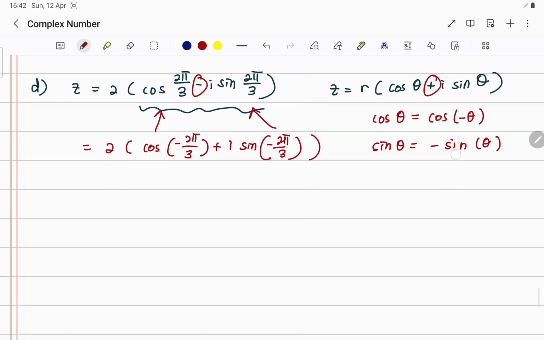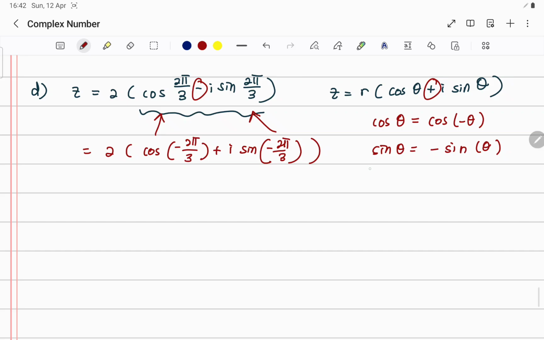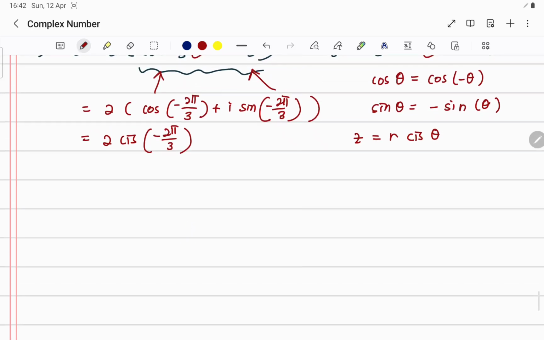From here I change into the polar form, r cis theta. So I have 2 cis theta, where theta is negative 2 pi over 3. So I get r equal to 2, then theta equal to negative 2 pi over 3.